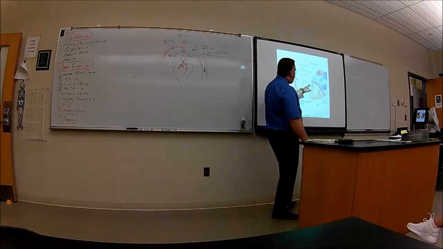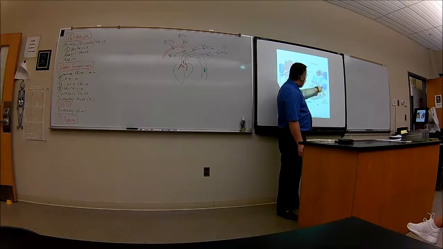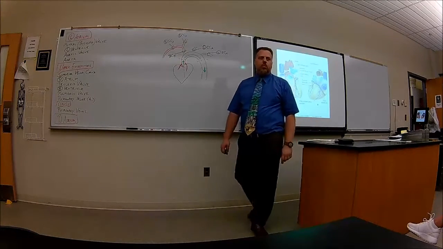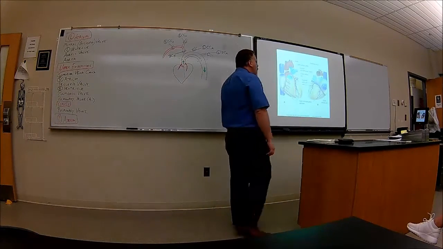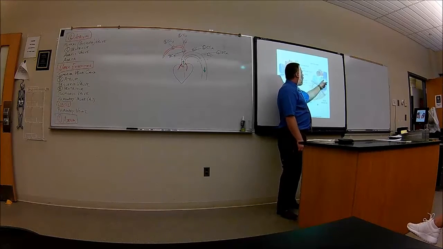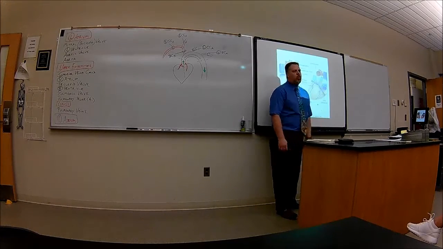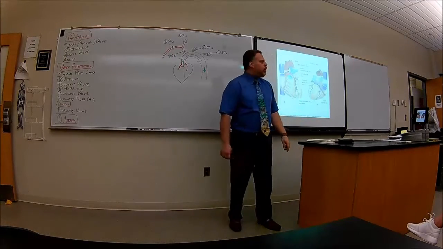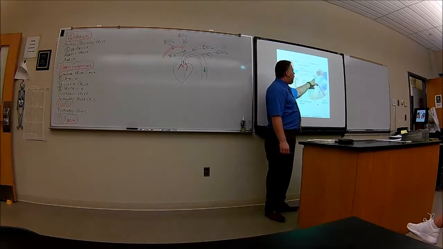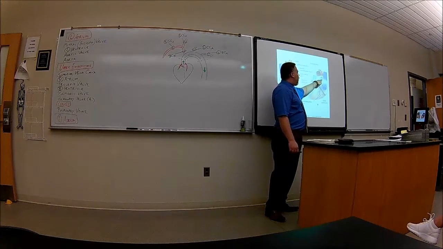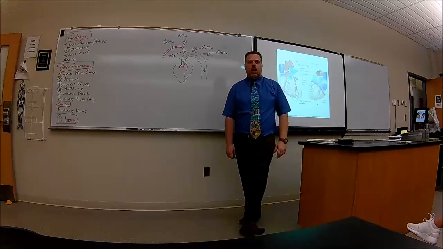You also see the coronary sinus going this way and also entering the right atrium. On the back of the left atrium, you have 4 openings. These are your pulmonary veins. 2 came from the left lung and 2 came from your right lung.